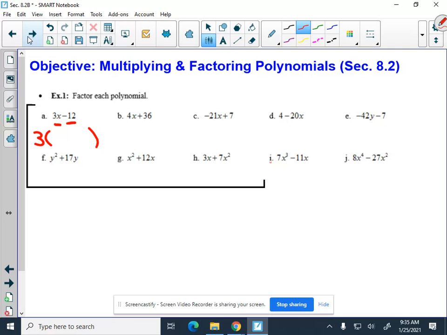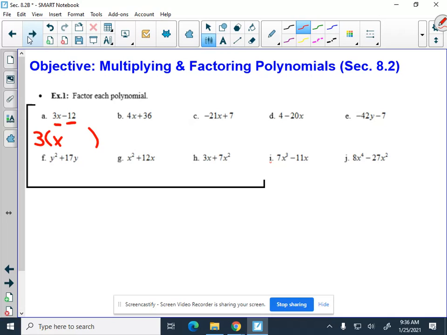Now we have to think through, what would I have multiplied 3 by to get 3x? Any ideas? 1 what? 1x. Because 3 times x would get me 3x. Okay? So now, if I were to multiply that, would I have 3x?